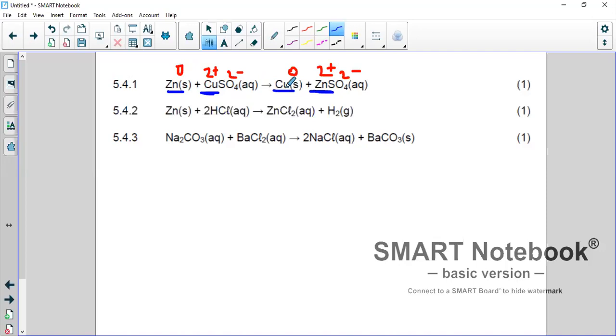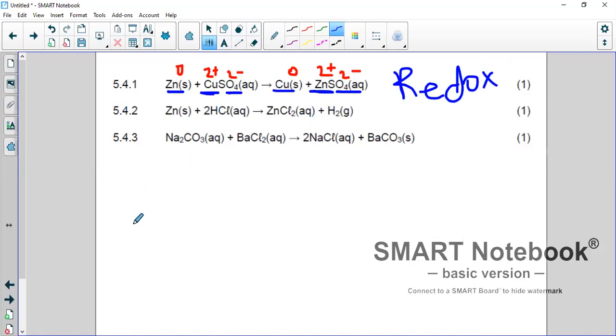Are you following? Whenever oxidation numbers are changing, that's a redox reaction. So this one becomes a redox reaction, because the oxidation numbers are changing. The sulfate remains 2 minus. That's a spectator ion, so this reaction can still proceed without it.